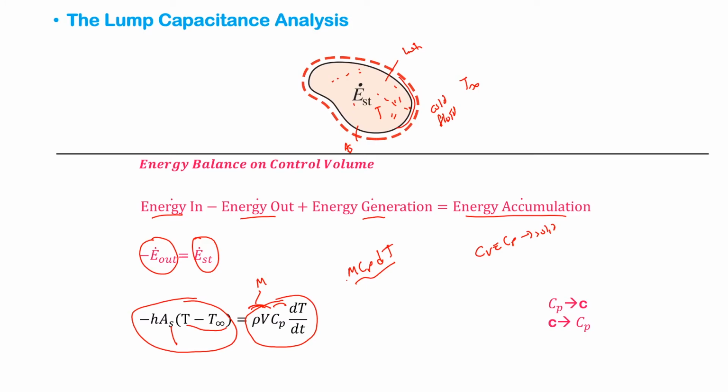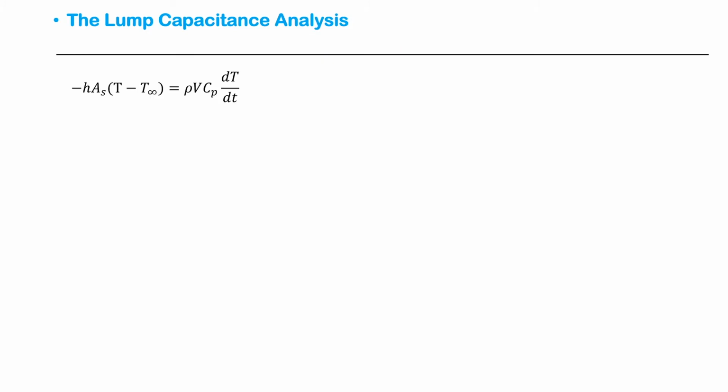So now let's take a look at this equation and see what kind of equation this is. Can we solve it? We have temperature, which is a function of time. So we have one variable, so this is an ordinary differential equation. And we can even make this equation simpler. If we refer to this term as theta, theta is T minus T infinity.